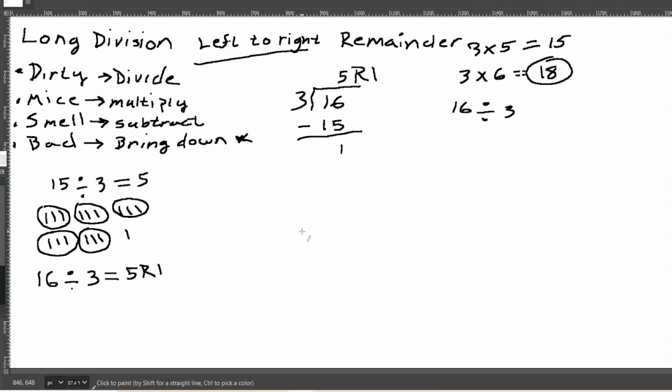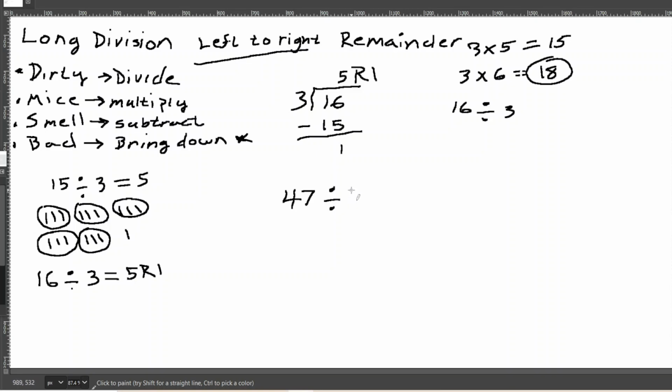So let's go ahead and look at a couple more. Let's do 27 divided by, or you know what? No, let's do 47. I like this number better.